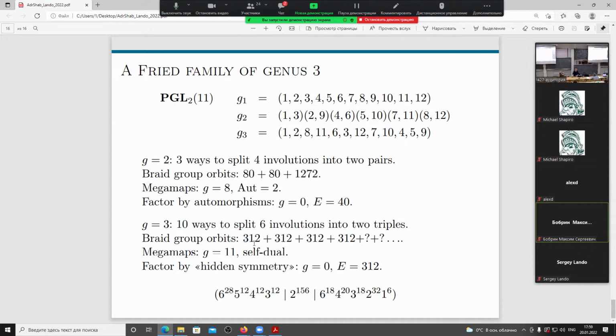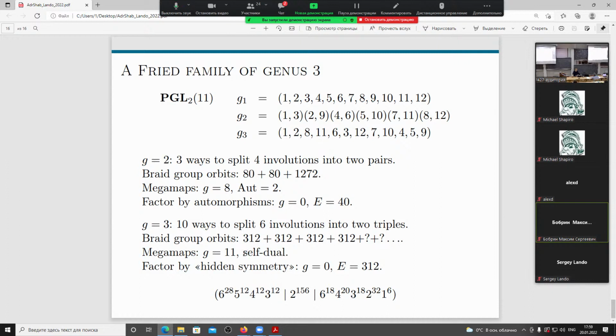So we have a mega map with 312 edges, and this mega map has genus 11, quite a lot. It has no automorphism group, but it's self-dual.